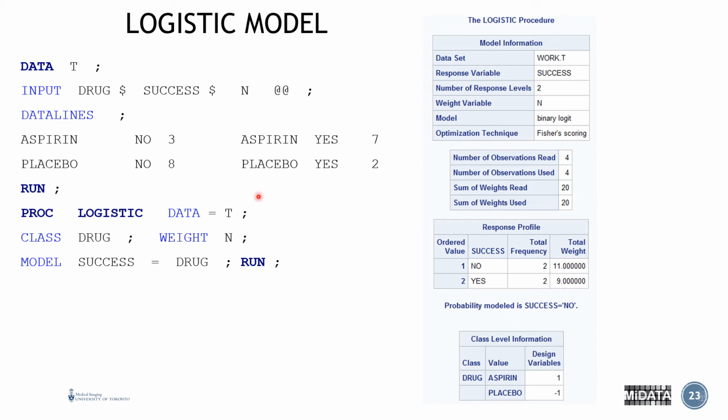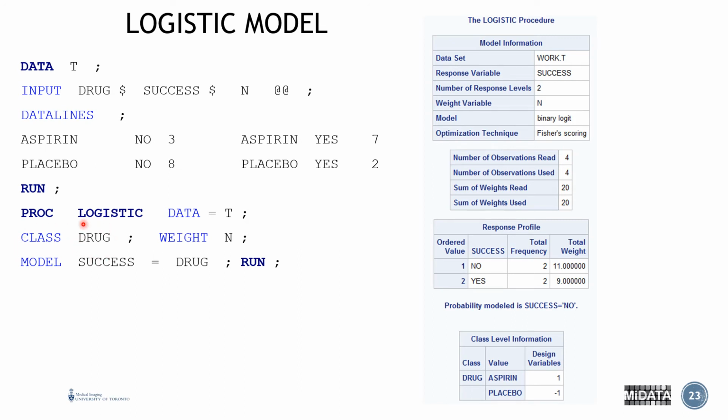So taking us back here to our data set, you'll see it's exactly the same. In this case, we've chosen to build our data set by combining the levels of two variables and the count that you have for each of those combinations. So when we run proc logistic here, we call the same data set, but we use the weight statement because our data isn't one row per patient.